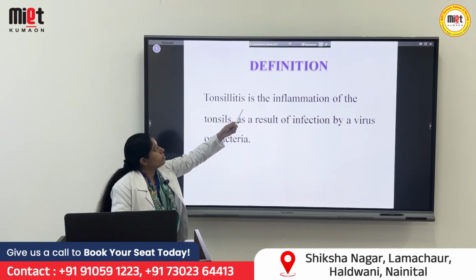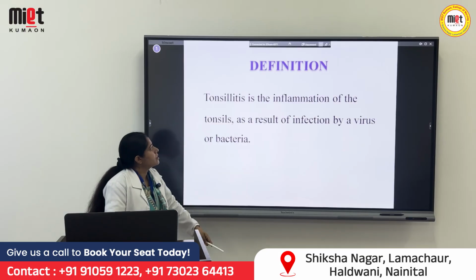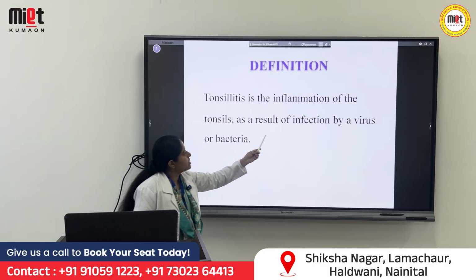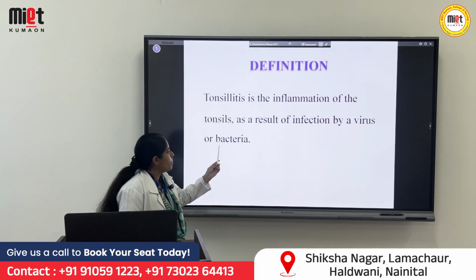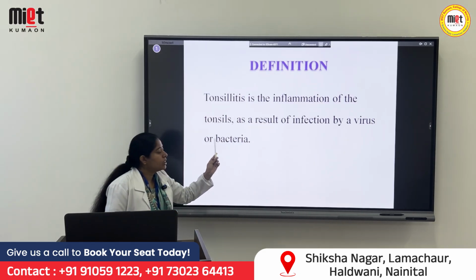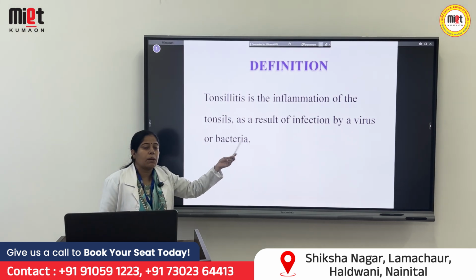Next, we will move to the main part, definition of tonsillitis. Tonsillitis is the inflammation of the tonsils as a result of infection by a virus or bacteria. Due to the etiological factors I have mentioned regarding the virus and the bacteria. So many types of virus are there.